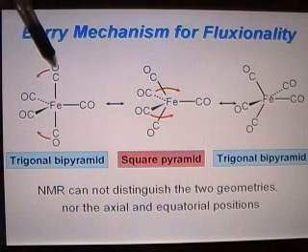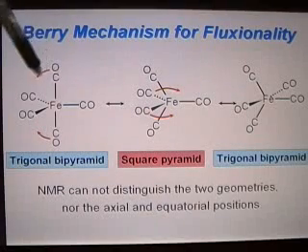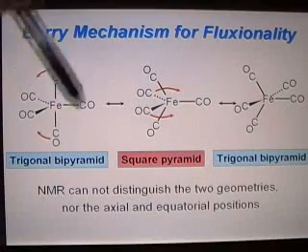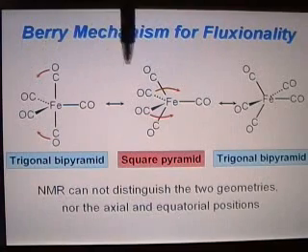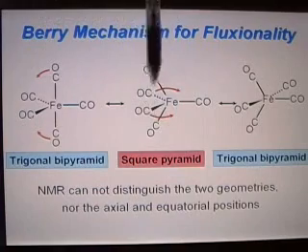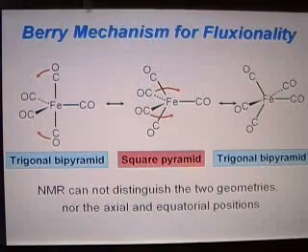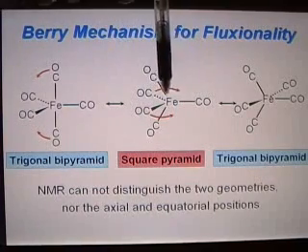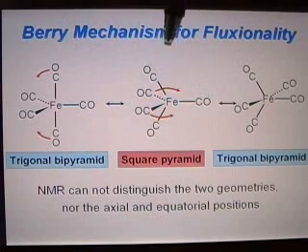What happens is these 2 carbonyls right here can bend back, and all of a sudden when you do that, you now have 4 carbonyls in about the same plane, but it's all below the iron atom, and 1 carbonyl that's just sticking way out there.